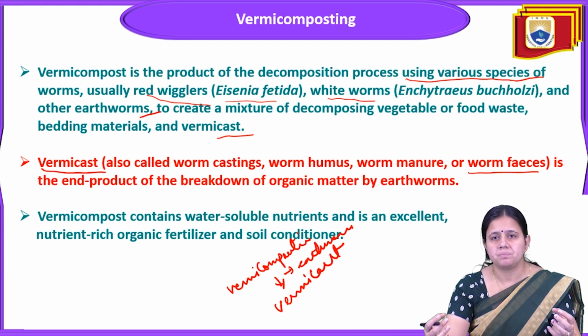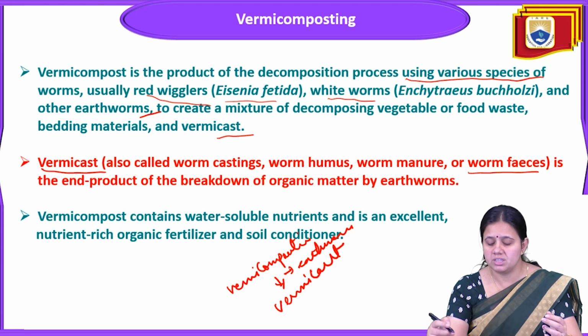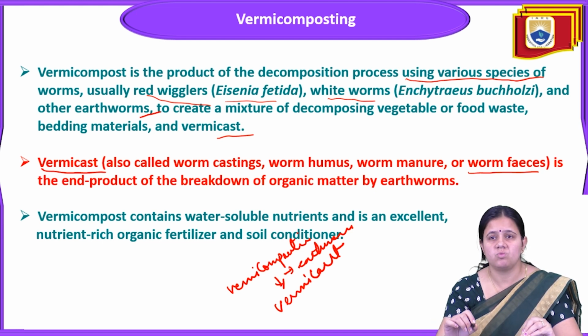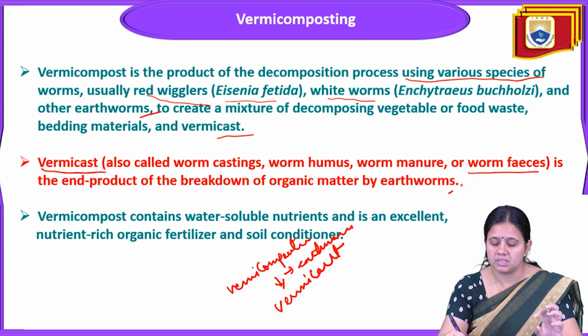So the earthworm degrades the solid waste, and with the degradation, vermicast is formed. This vermicast is called worm casting, sometimes worm humus, worm manure or worm feces. This worm cast and worm humus is the end product of the vermicomposting process, and it is the breakdown of organic matter by the earthworm.